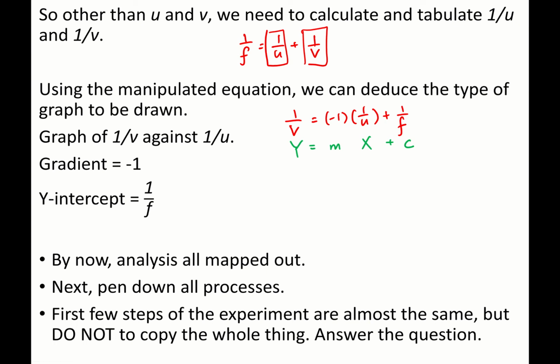And that makes this y, and this is x. And therefore, it has become a graph of 1 over v against 1 over u. And when that happens, your gradient is -1 and your y-intercept is 1 over f.